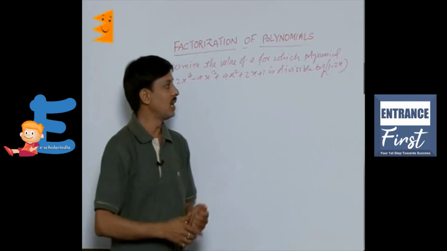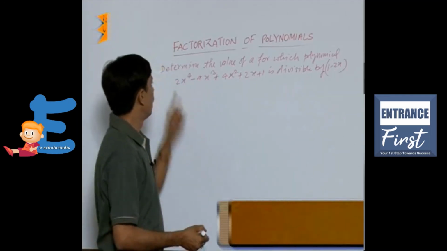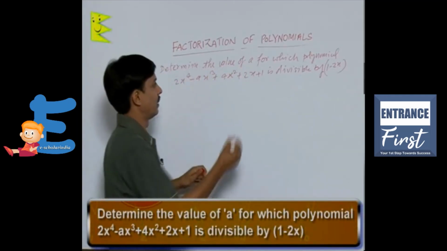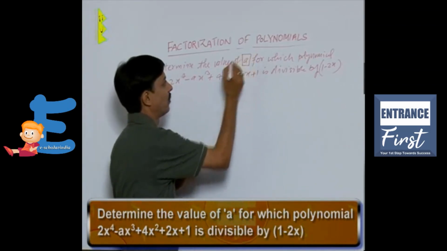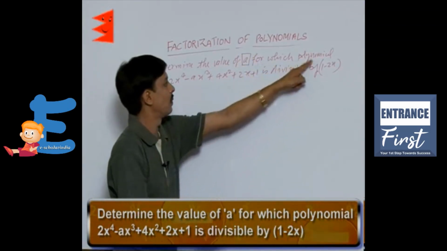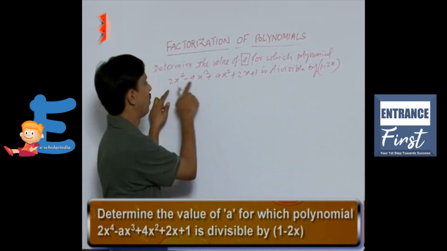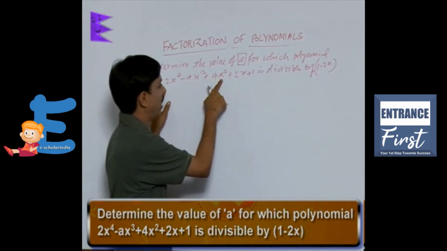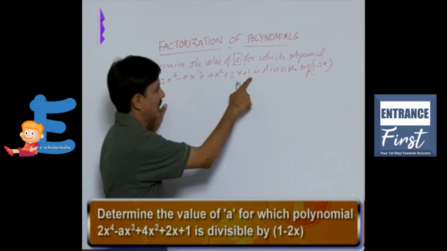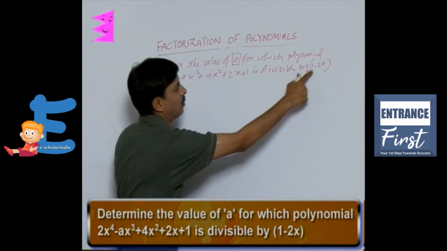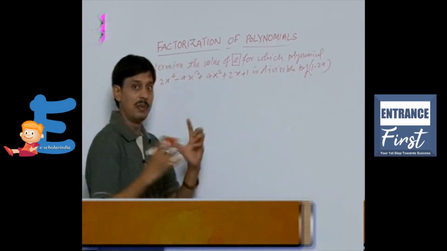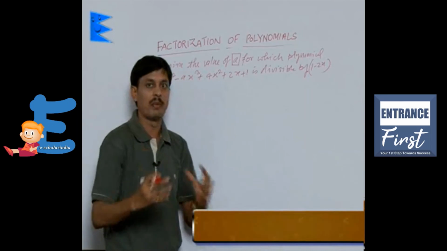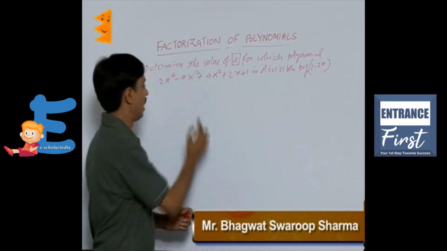Now one very easy application of the factor theorem. Determine the value of a. We need to calculate the value of a for which the polynomial 2x to the power 4 minus ax cube plus 4x square plus 2x plus 1 is divisible by 1 minus 2x. Divisible by 1 minus 2x means 1 minus 2x is a factor.